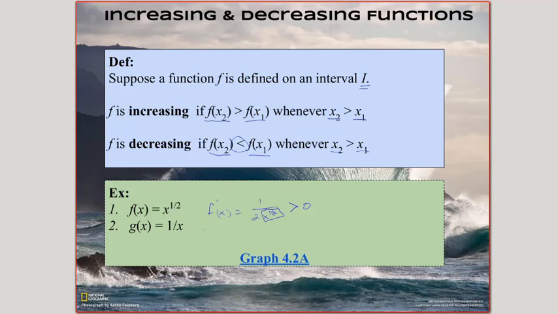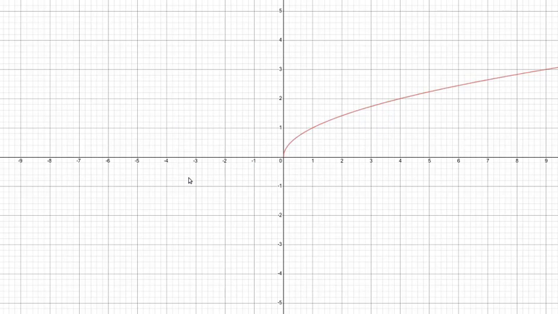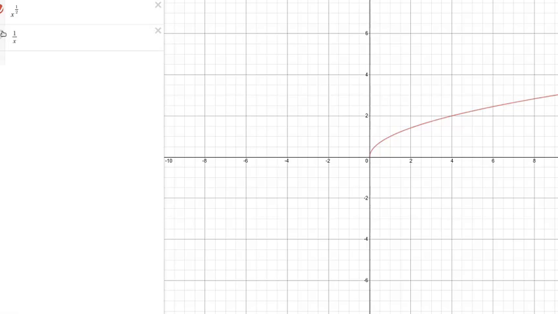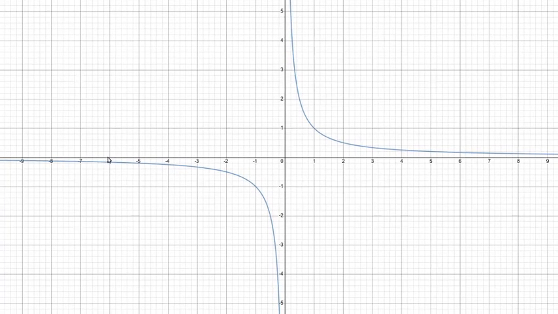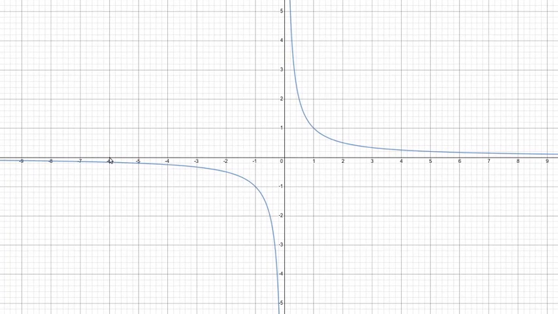All right, now if we look at 1 over x, so let's take a look at that graph really quick. And if you notice, as we move to the right, if we pick an x2 to be further to the right than an x1, then the function value is always less at the second x, the x that's further to the right.